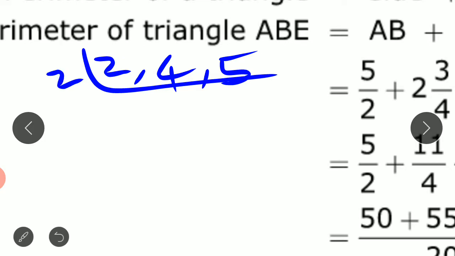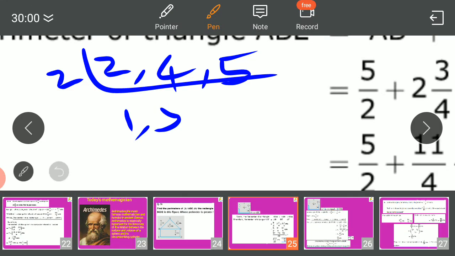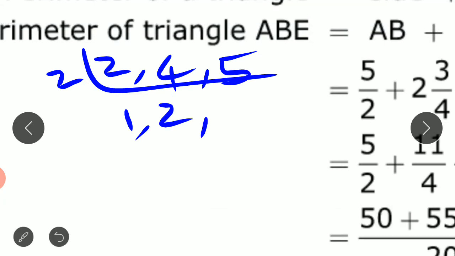So let's take 2. In 2, how many times 2? 1 time. Even 4 is divisible by 2. In 4, how many times 2? 2 times. And 5 cannot be divided by 2, so copy it down. Now see this row: 1, 2, 5.